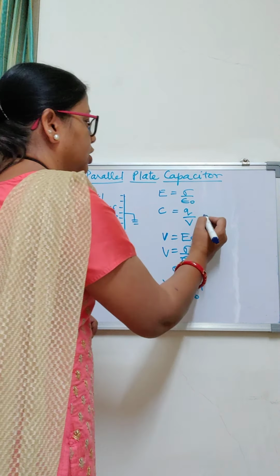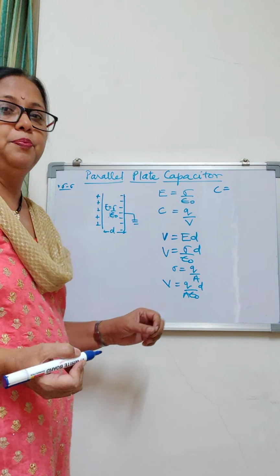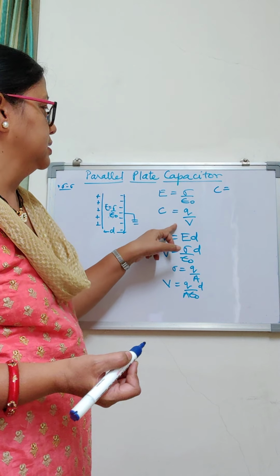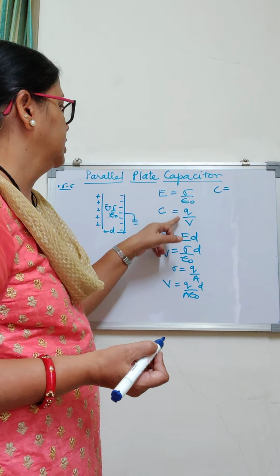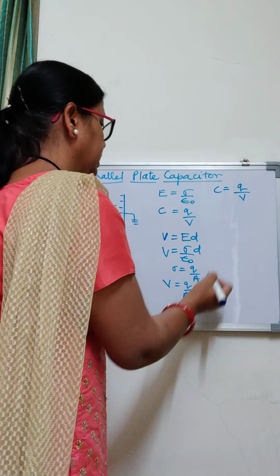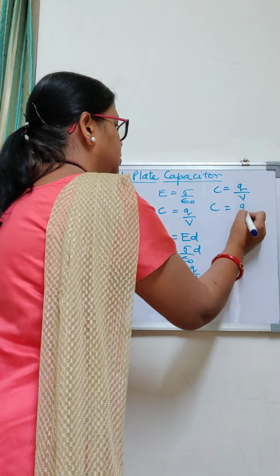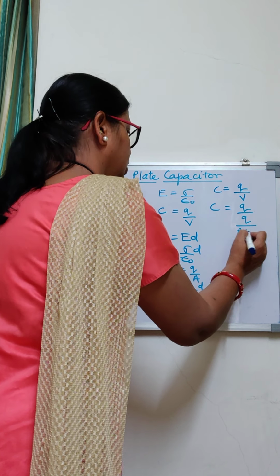Now we require the formula for capacitance. Derive an expression for the capacitance of a parallel plate capacitor. We know the standard formula, C equal to Q upon V. So we substitute the value of V, and it becomes C equal to Q upon Q d by A epsilon naught.